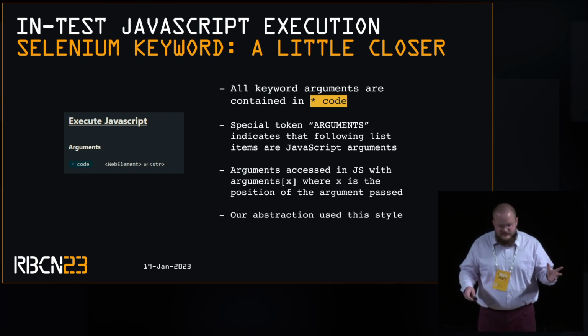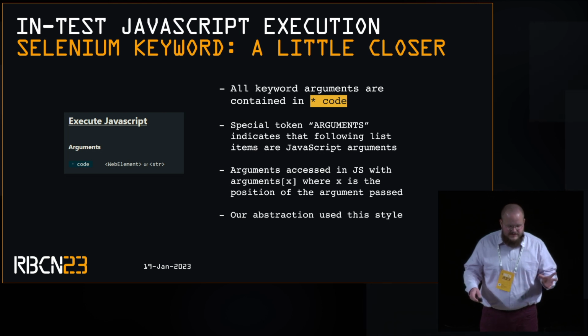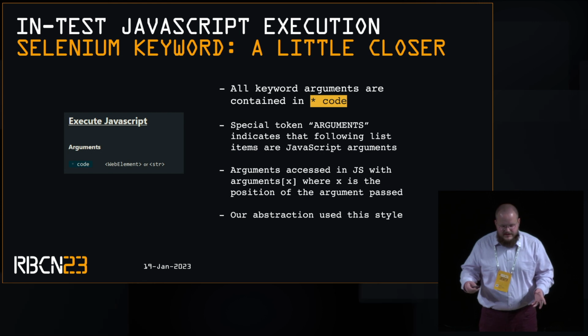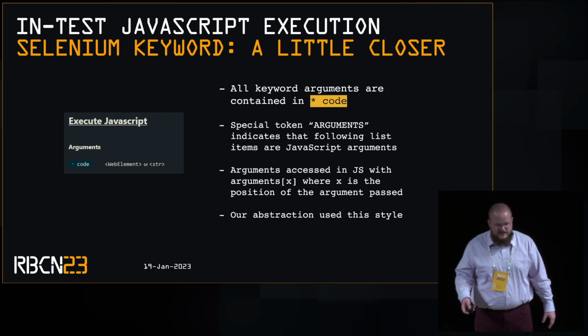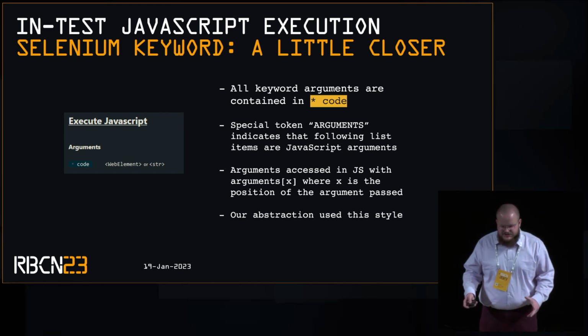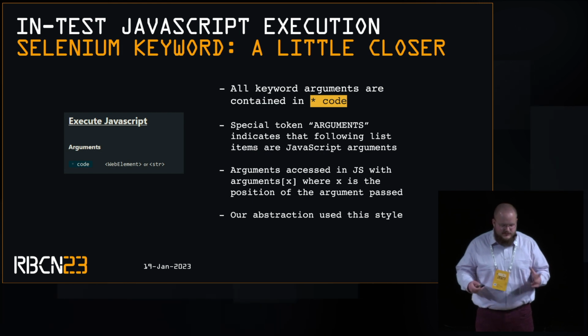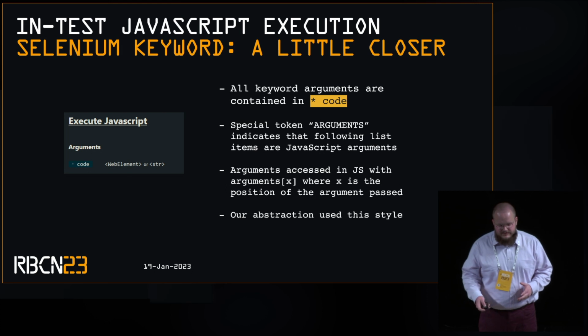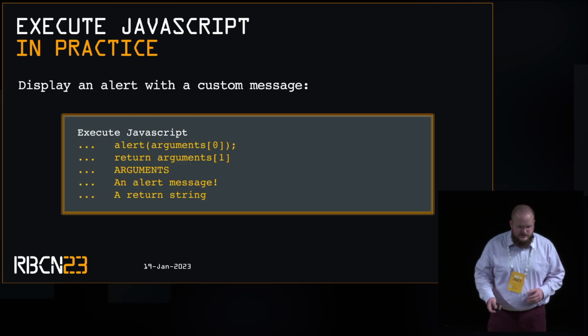You can access those different locations past that arguments token with arguments[x], where x is the position of that argument. And our abstraction, because we used Selenium Library first, took inspiration from this style and mimics the style of execution quite closely.